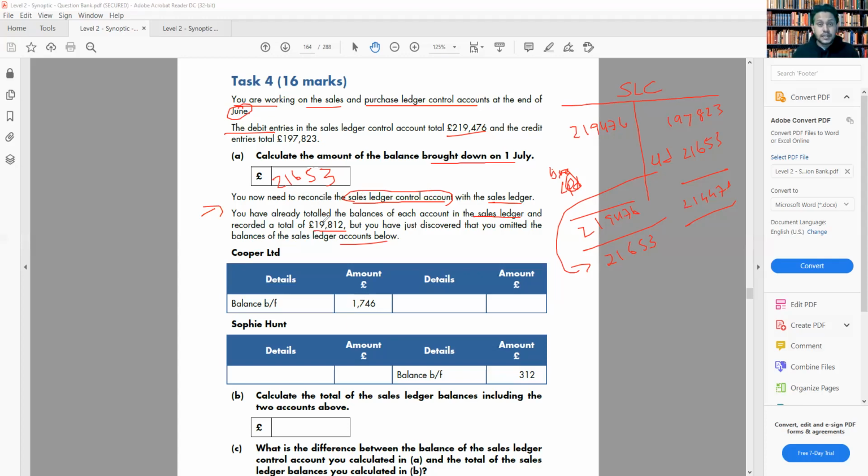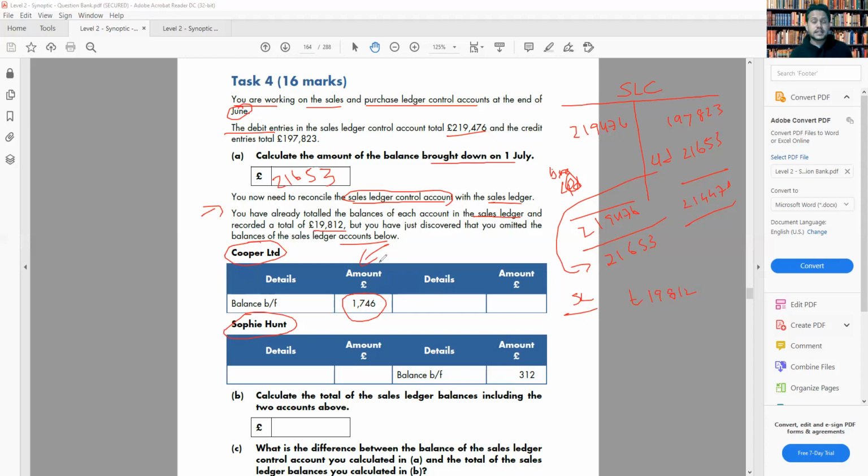So they are saying after adding all my sales ledger balances, the total became 19,812. But after that, I found I missed two balances: Copal Limited and Sophie Hunt. So I have missed two customers. Now I'm going to adjust this. This is the debit side, so I will add.